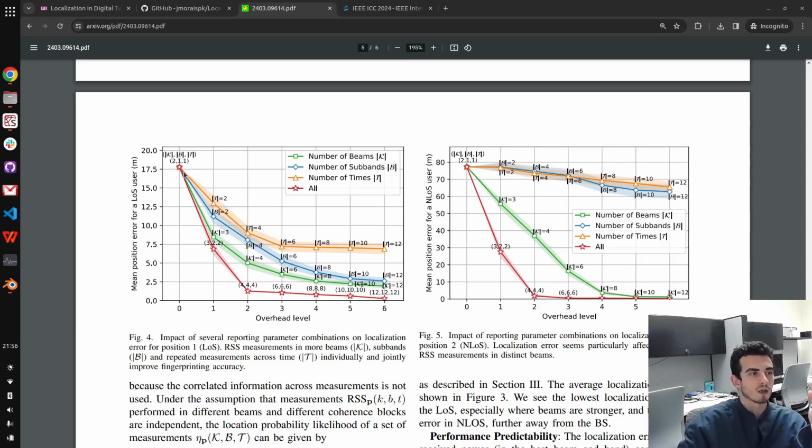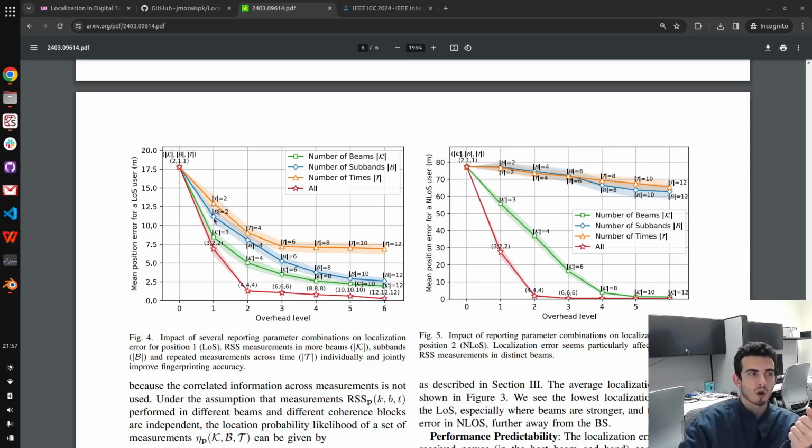So as you see here, we varied, for example, the number of time samples first. So this one is 112, and this one is 114, where we sampled one beam in one subband 4 times, etc.